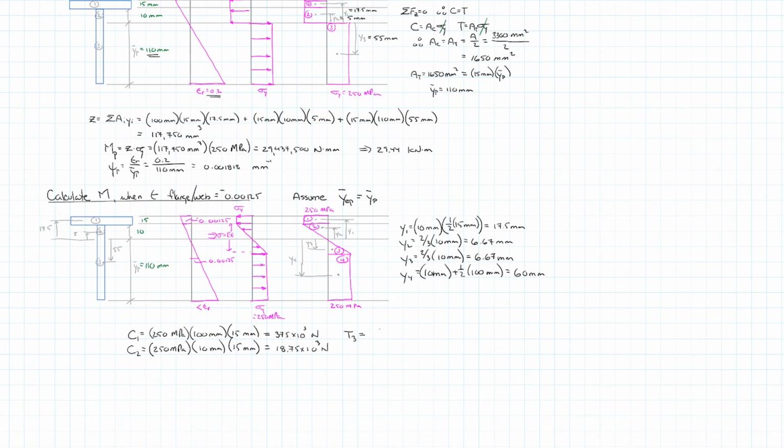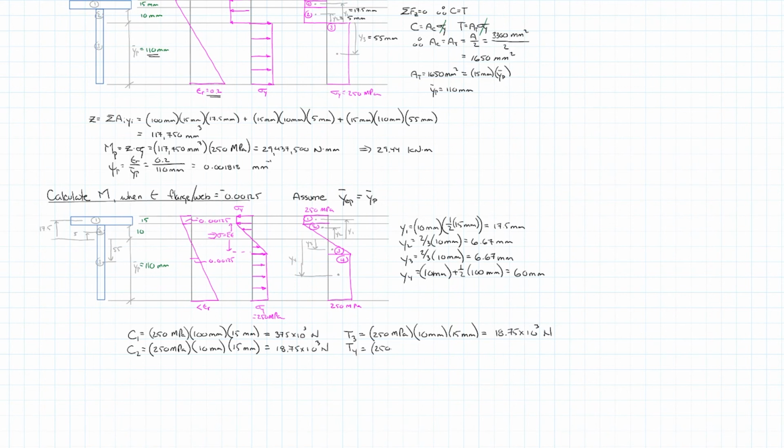And T3, again, we have a triangle. Maximum stress component is 250 MPa. It's 10 millimeters down along the web, and 15 millimeters width of the web. That's equal to 18.75 times 10 to the third newtons.